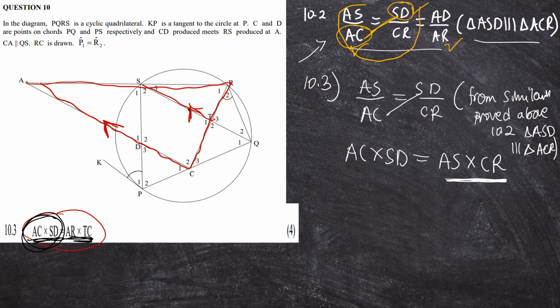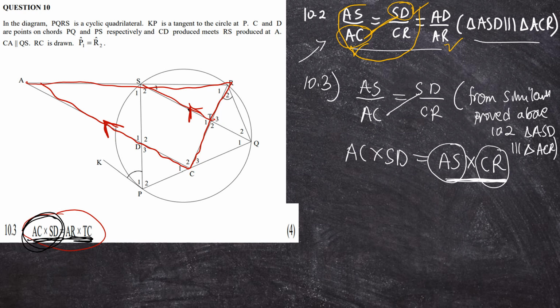Okay, a line drawn parallel to one side of a triangle divides the other two sides of the triangle in the same proportion. Therefore, we can now go and check, right? Remember, we now want to prove that CR times AS is equal to AR times TC, right? So let's go and check.